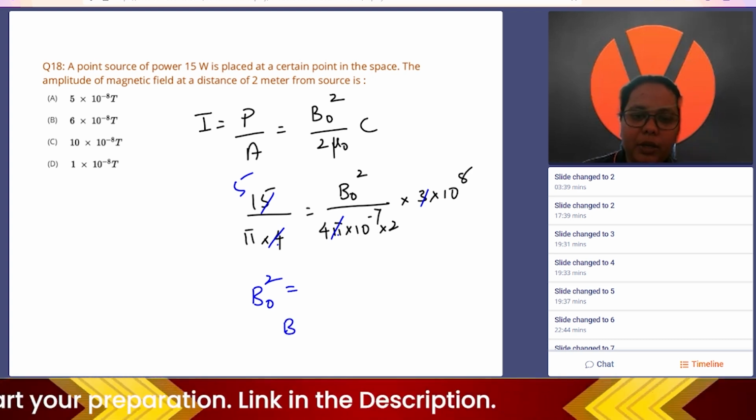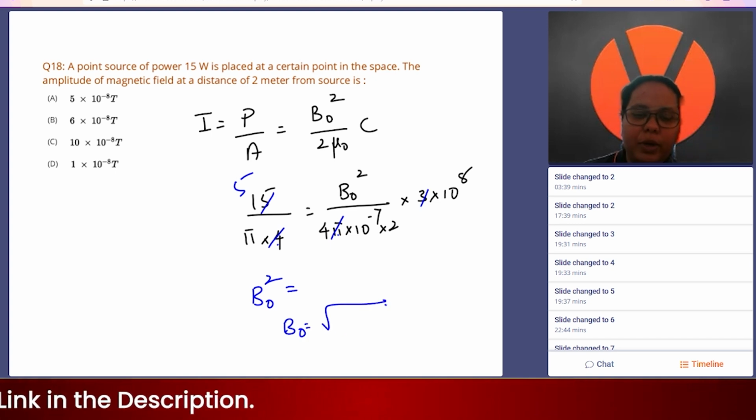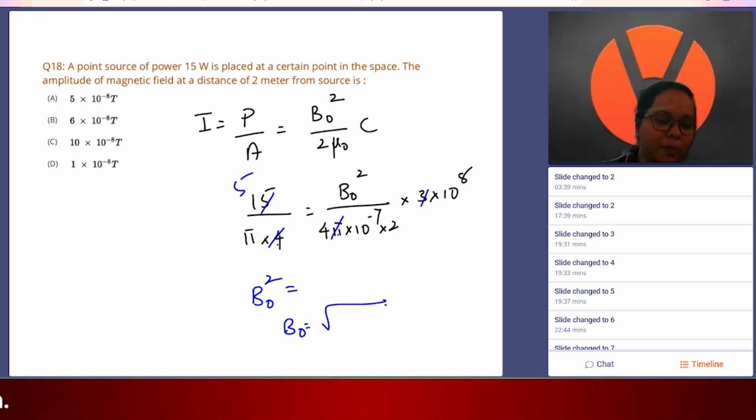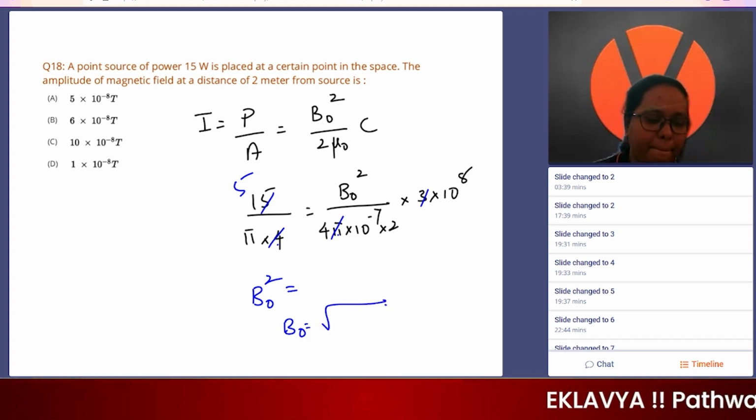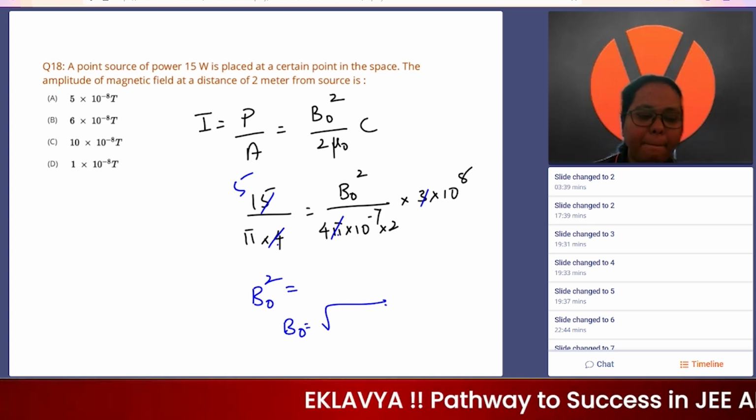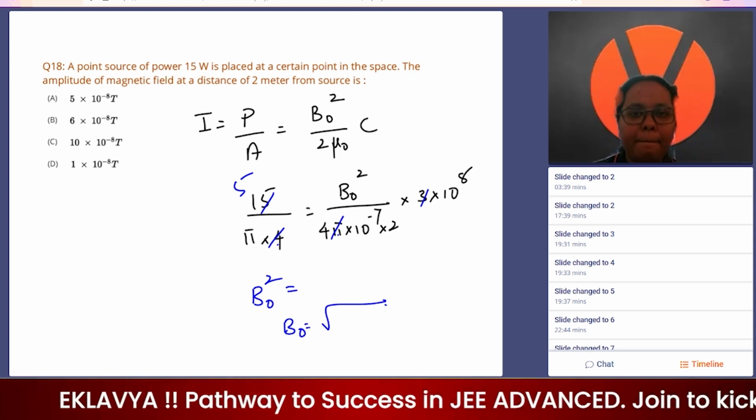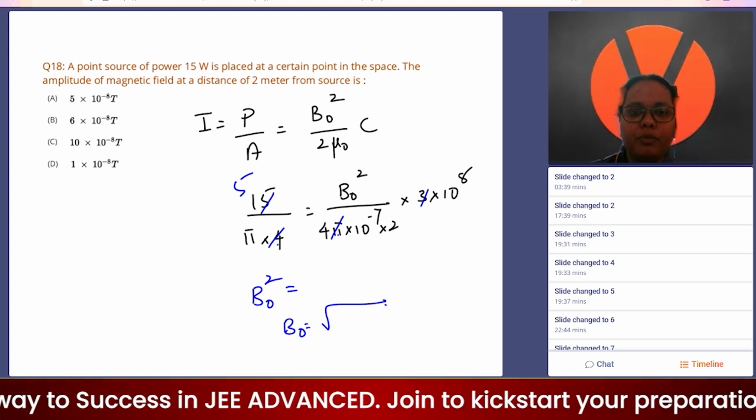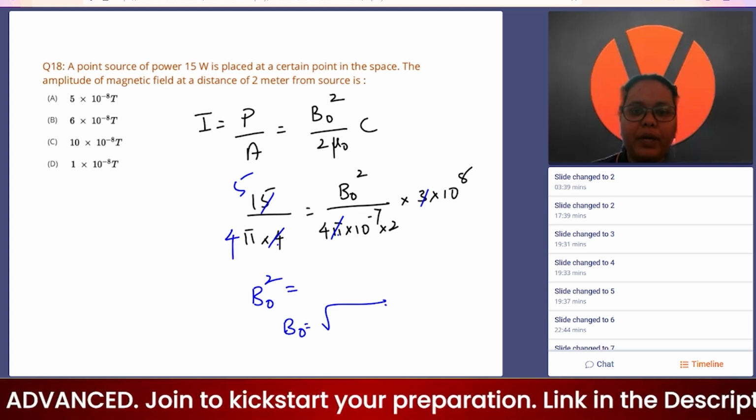So you need to take the B naught value, the square root of the thing. The formula I missed here is 4 pi r square.